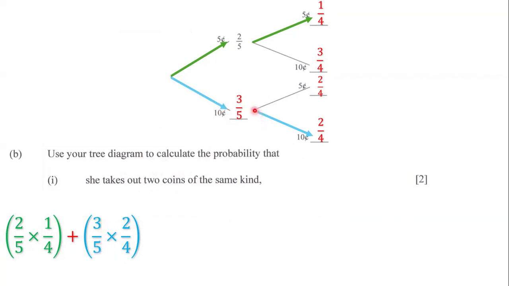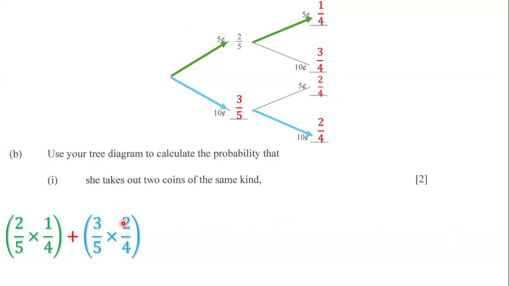And then she can get a 10 cents on the second try, and the probability of that is 2 over 4 if we know that she got a 10 cents on the first try. And so 3 over 5, that's the probability of her getting a 10 cents the first time, and then 2 over 4 is the probability of her getting a 10 cents again, provided that she got a 10 cents on the first try. I'm sorry, so we have 3 over 5 multiplied by 2 over 4.